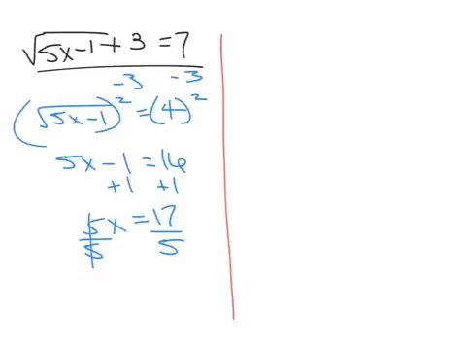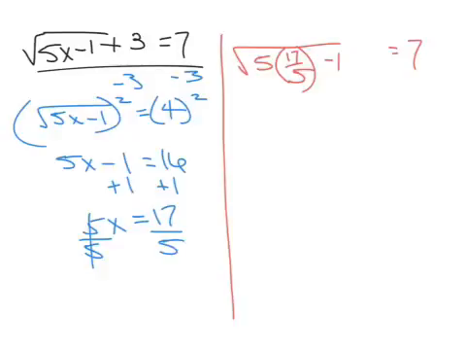That is our answer. Okay, and that is a pain in the neck, sorry, because then you have to plug that in. Whoops, kind of made that a little bit long, didn't I? Because I need an equals 7 there. So 5 times 17 over 5, which it's nice that the denominator is that.